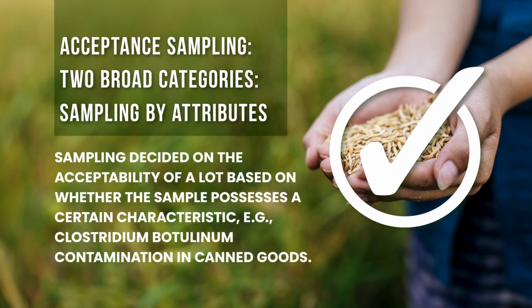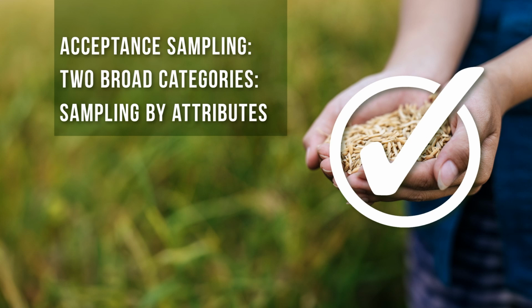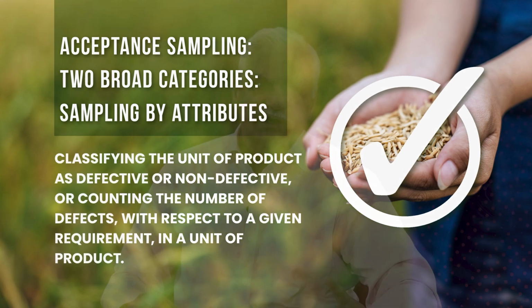Now there are two categories for accepting the sampling. First, you accept the sample by attribute. So classifying the unit of a product as defective or non-defective, counting the number of defects. Remember always that there is no food which is perfect. It is next to impossible to have any product with zero defect.